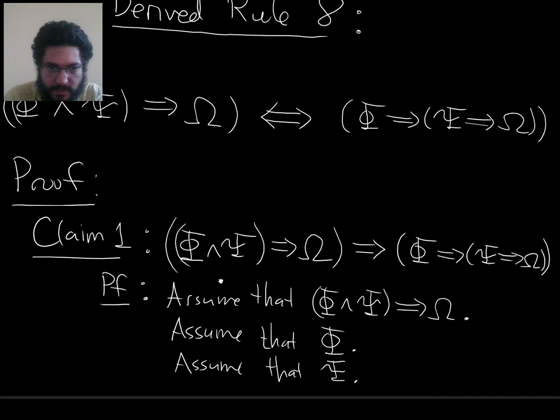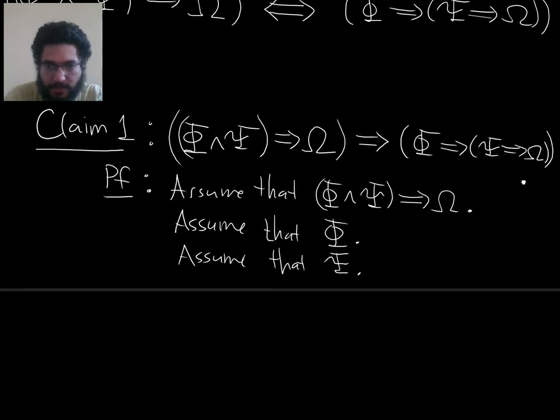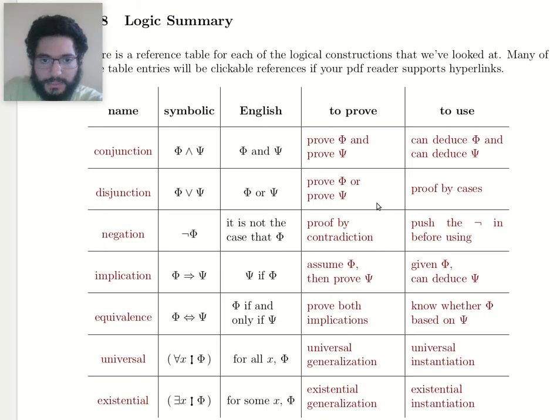All right, let's continue. So now the goal is to prove this omega over here. Well, all I have to do it with is these two things, which I don't see what to do with yet, and this thing, which is an implication. How do I use an implication? It's this modus ponens thing.